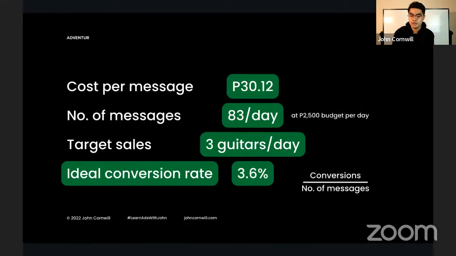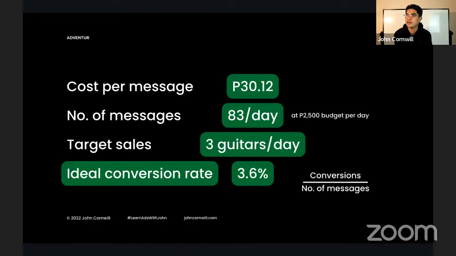Now, yung target sales is, sabihin na lang natin, 3 guitars a day. So yung ideal conversion rate niya, kasi yung target lang naman niya na mabentang gitara sa isang araw, is 3. So yung ideal conversion rate niya is basically 3 divided by 83. So that's 3.6. So i-divide lang natin yung number of sales or number of conversions, number of customers, sa number of messages. That's your conversion rate.